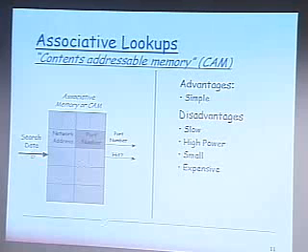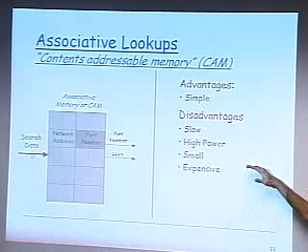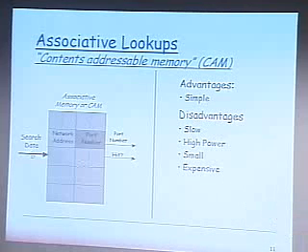So the advantage of using CAMs for this lookup is it's very simple. You need only the number of entries which is equal to the number of networks or the destination prefixes that you have in your routing table. You don't need to fill up the entire lookup. The number of operations needed is O of 1.